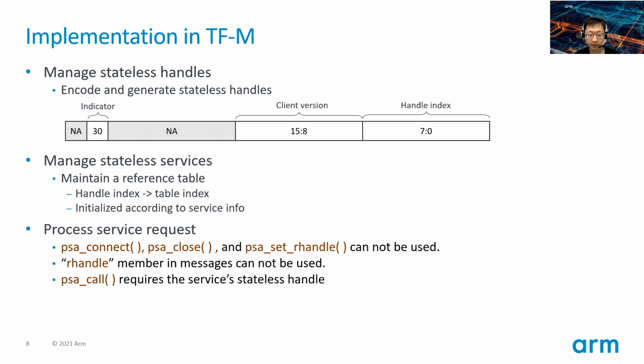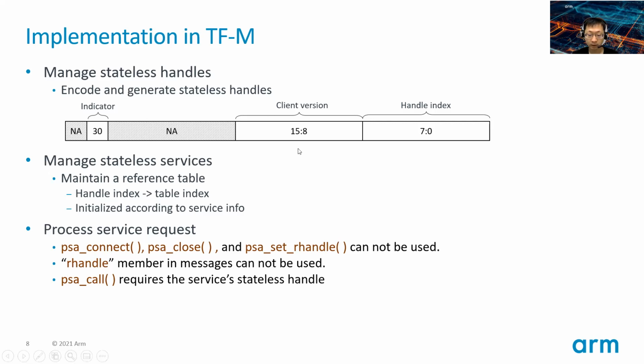TF-M implements the stateless service feature by applying the following items. Firstly, since a stateless service requires a stateless handle, TF-M includes and generates the stateless handle automatically. An indicator bit, the client version information, and the handle index are passed from the manifest attributes and then encoded into the handle.